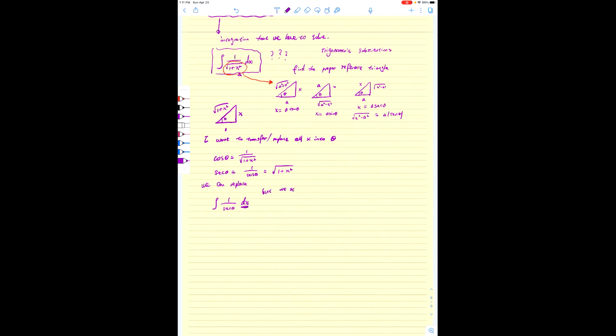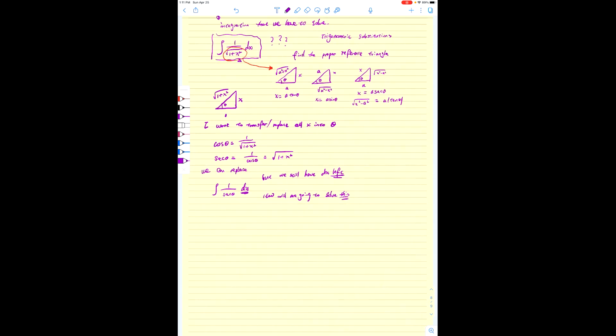But we still have dx left. How are we going to solve this? I would say tangent theta equals x divided by 1, and x equals tangent theta.